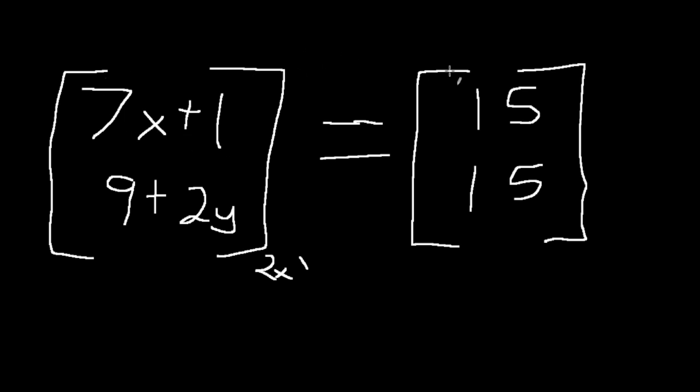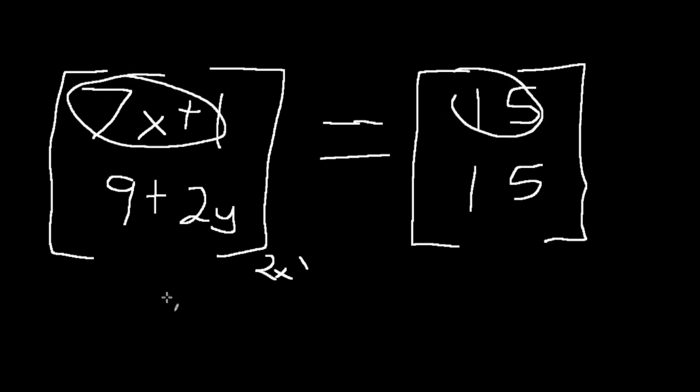So from this, since it tells us they're equal, we know that this element here is the same as this element here, which would allow us to solve for x. So it would turn into this, and of course x here would be 2, because 7 times 2 is 14, plus another 1 is 15.